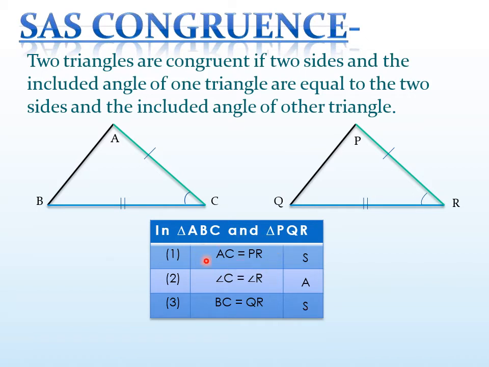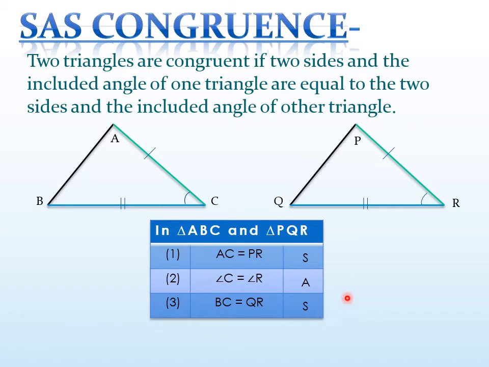Because from the first condition we get one side S, then the angle between them for A, and the second side for the other S.